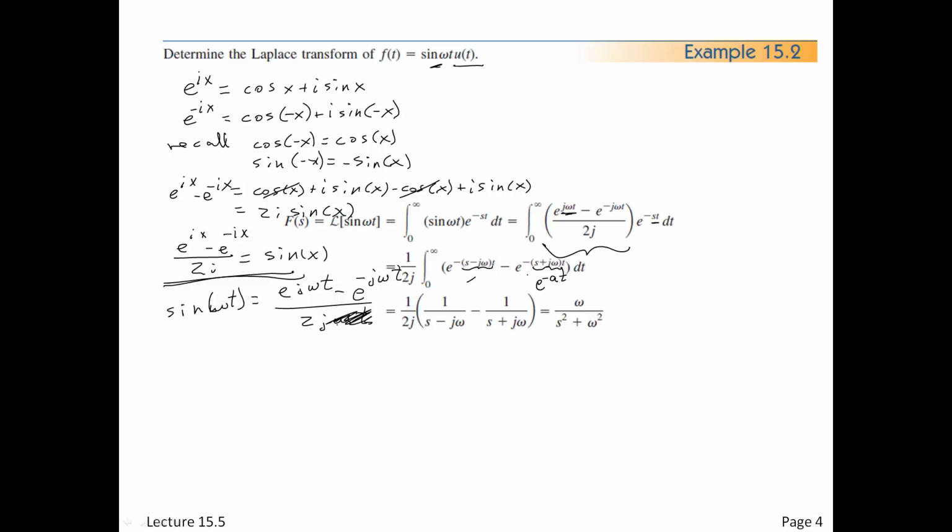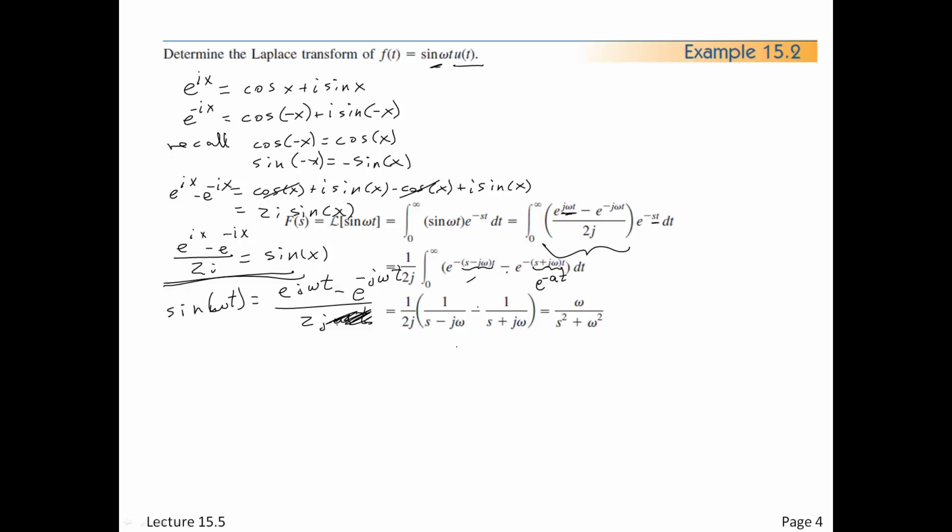So it's just, in this case, 1 over, right, you have the minus and the 1 over the a, in this case s plus j omega, but it's minus a, so it's 1 over minus the quantity s plus j omega, and here we have that, and then you just put this together by reducing the denominator, so cross multiplying, and you get this nice term, right?